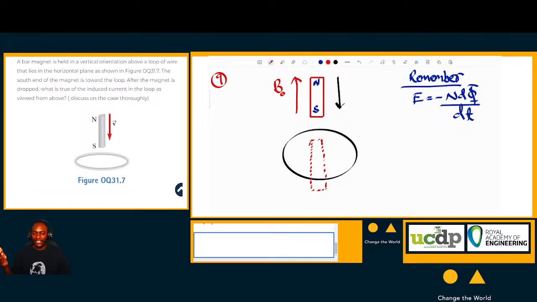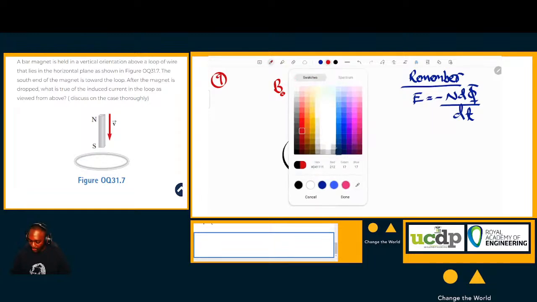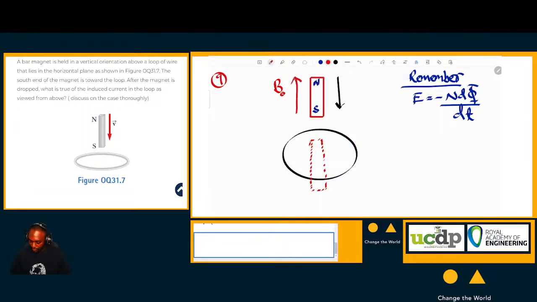So when the flux is increasing, like we noticed, because the magnet is falling towards the loop, it means that the induced magnetic field will be in an opposite direction. So which means that the induced magnetic field will be going downwards. So the induced magnetic field in the loop will be going downwards. So I'm saying B I because B induced, okay?